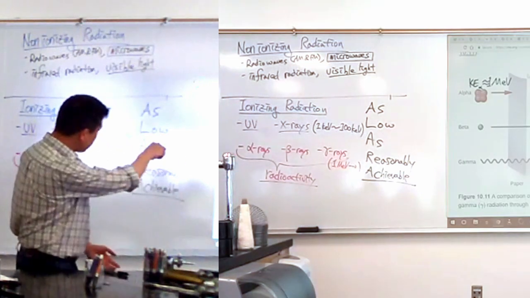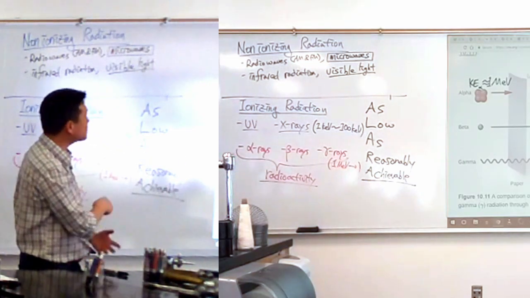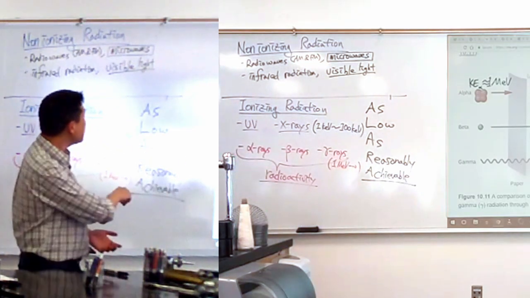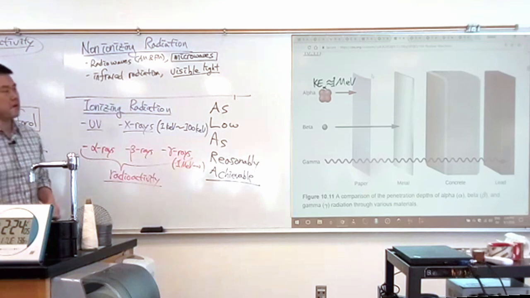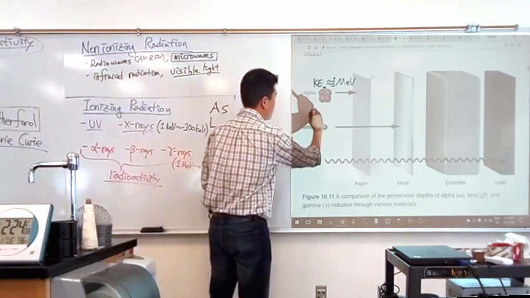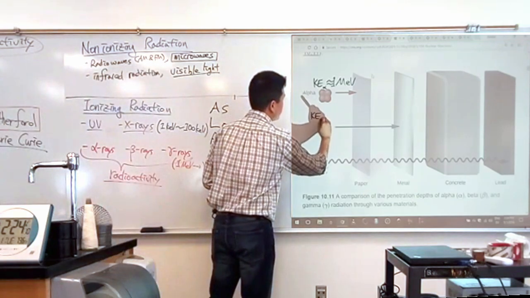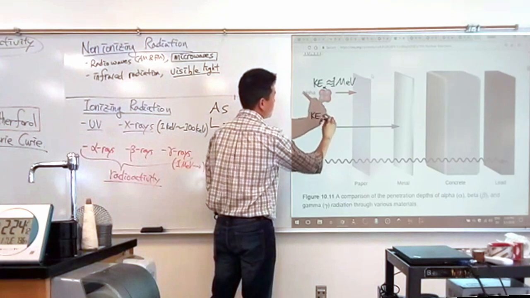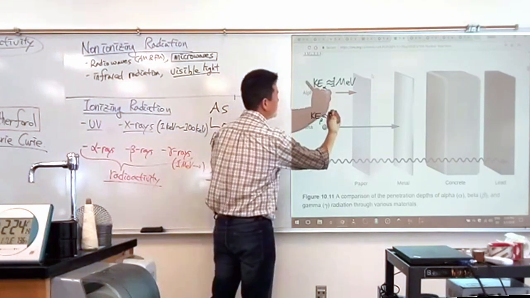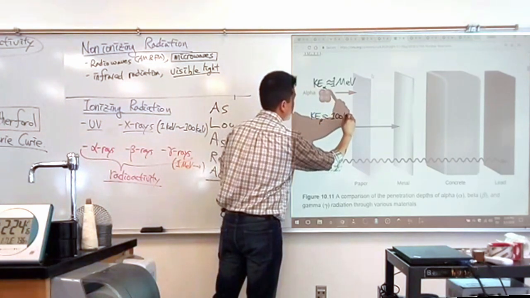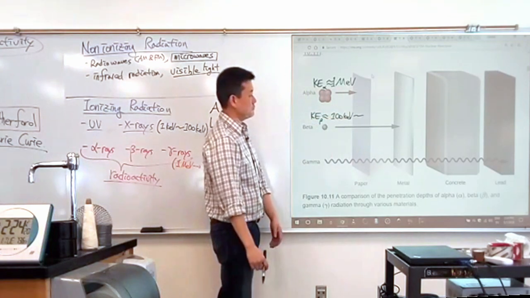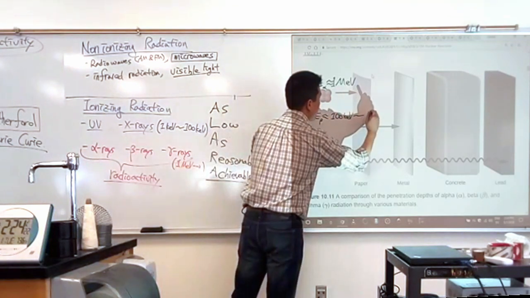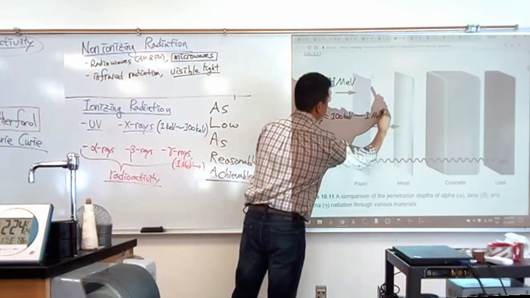So that's alpha ray. It has the least penetrating power. The one with the next level of penetrating power is beta ray. Beta energies come in a lot of different ranges. The kinetic energy of beta ray, I've seen numbers as low as 100 keV and as high as, let's just say, 1 MeV.